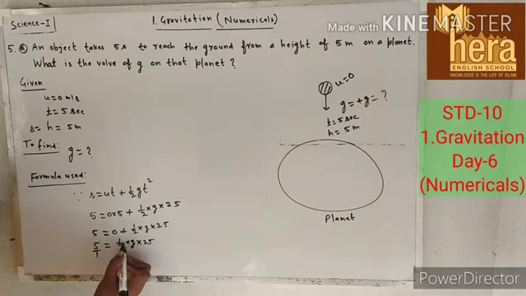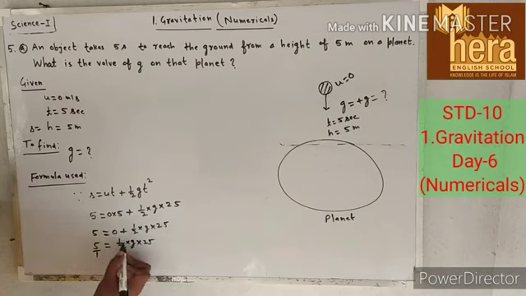Then this will be equal to g into 25 is equal to 5 into 2, that is 10.